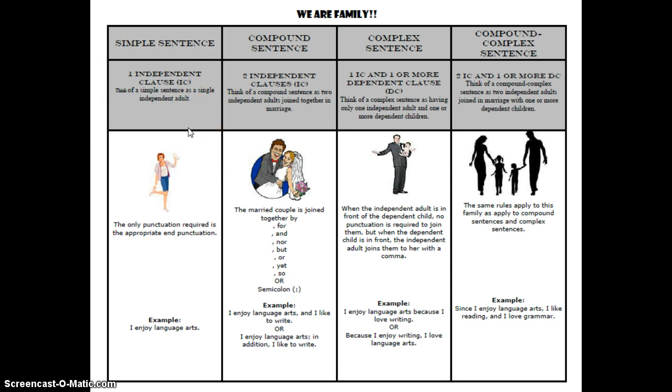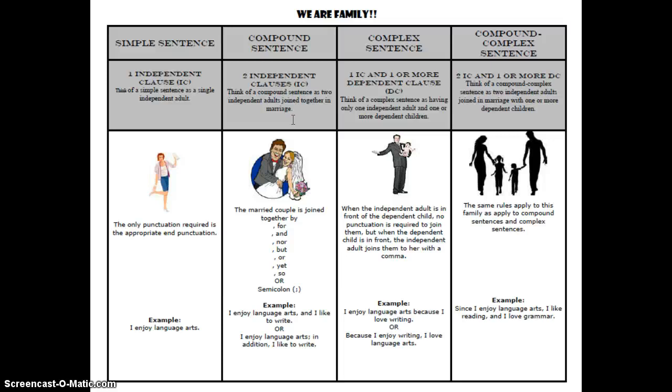Now, after she'd been living in New York for a while, living the high life, she decided to get married. When she did, they got hooked together by one of the fanboys, or every now and then a semicolon. They were two independent clauses. A compound sentence is two independent adults joined together in marriage.